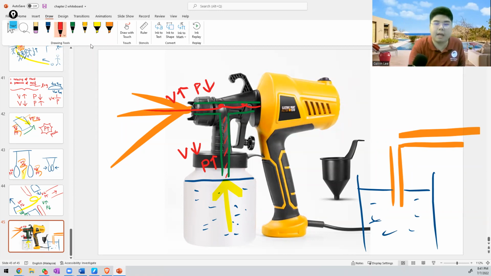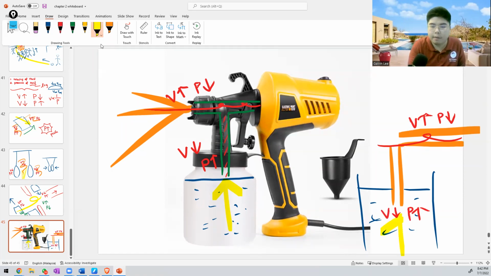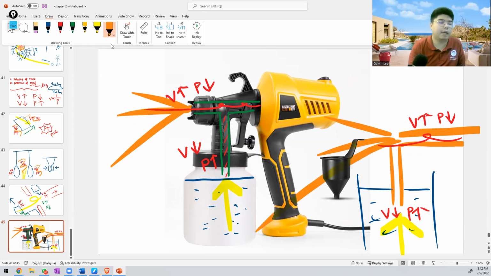So the story is the same here lah. When you blow through here, the wind here is fast, velocity is high, pressure is low, and at the bottom here, velocity is low, pressure is high, so it's going to push the water up. When the water is pushed up, it's going to flow together with your air, then it's going to come out. You try yourself.